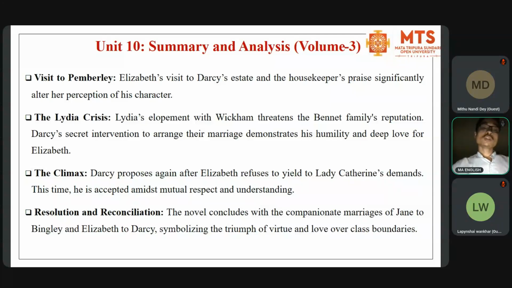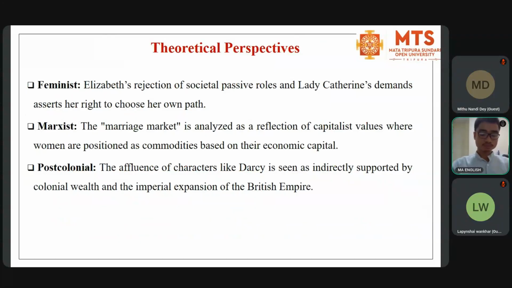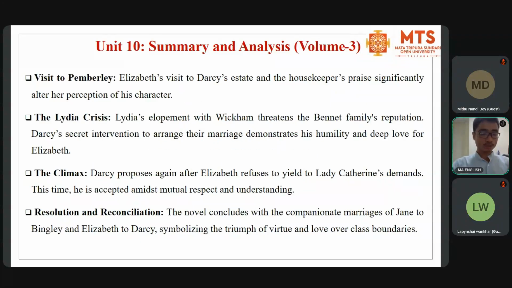So the resolution ultimately comes, and Mrs. Bennet's wish of getting her daughters married comes into realization, and she is now sure that the wealth, the inheritance of Mr. Bennet after his death will be handed down to her daughters. So this was the story.